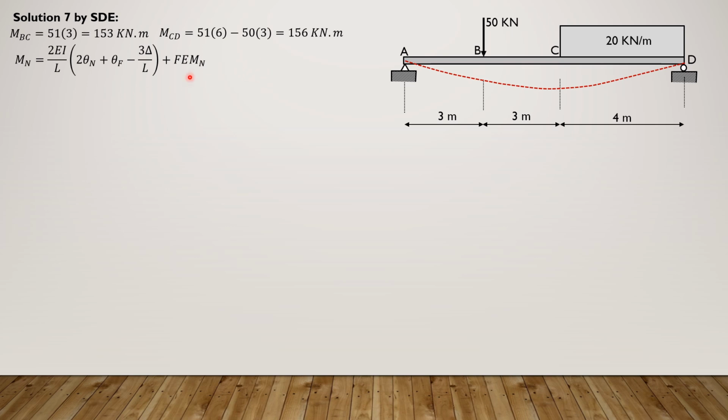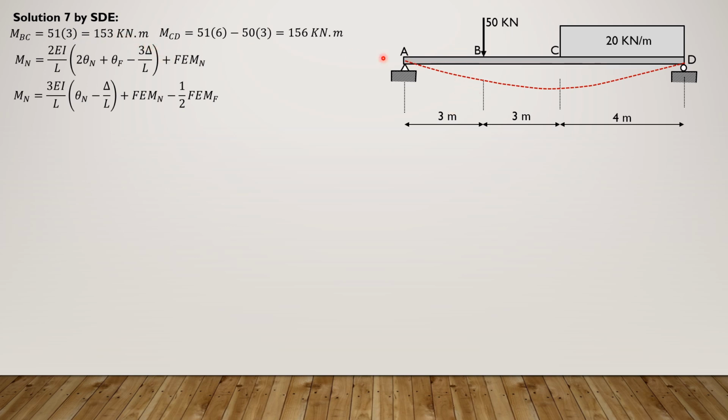But if the far end has 0 moment, then this is revised to 3EI over L times quantity theta near minus delta over L, then plus fixed end moment near minus 1/2 fixed end moment far. Remember that the sign convention for the slope deflection equation is clockwise positive.